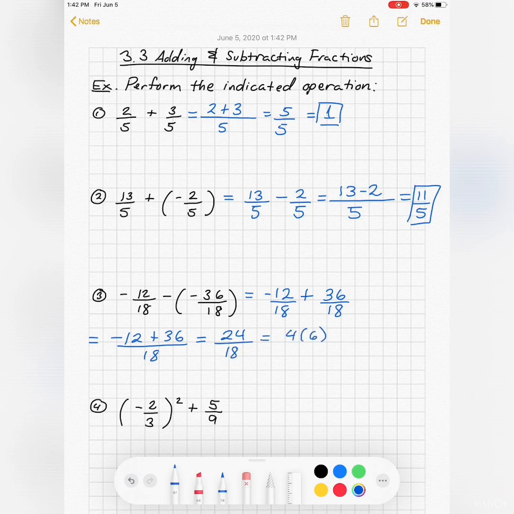Then I reduce. So what am I left with? Looks like 4/3.